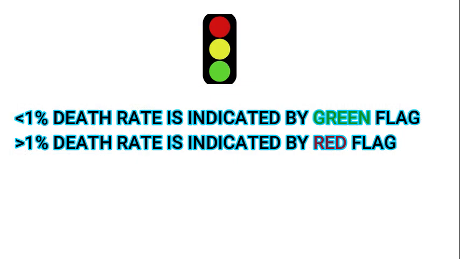I need a traffic light indicator to showcase COVID numbers below 1% death rate. So I'm comparing the death count and the total cases count in a percentage formula, and any value less than 1% death rate should be indicated with a green color, and any value above 1% death rate is indicated by a red color.